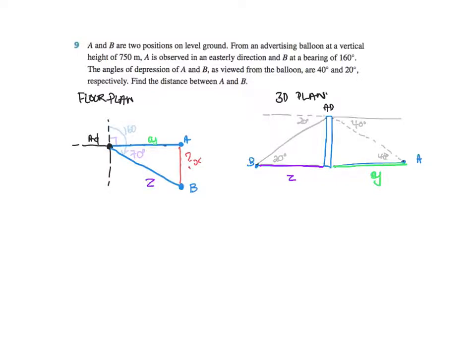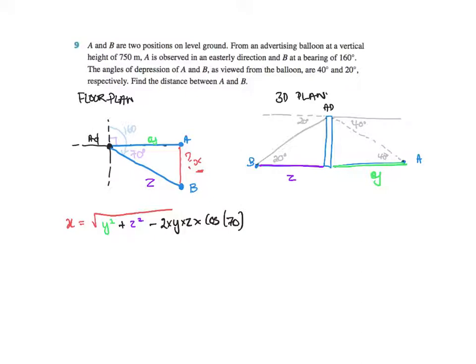Now you can see, if I was to find X over here, I could use the cosine rule. So X equals the square root of Y squared plus Z squared minus 2 times Y times Z times cos 70 degrees.